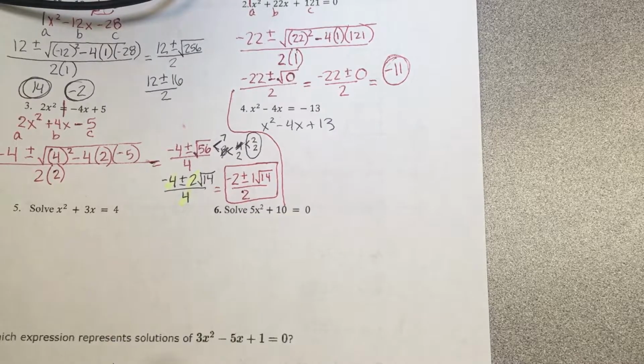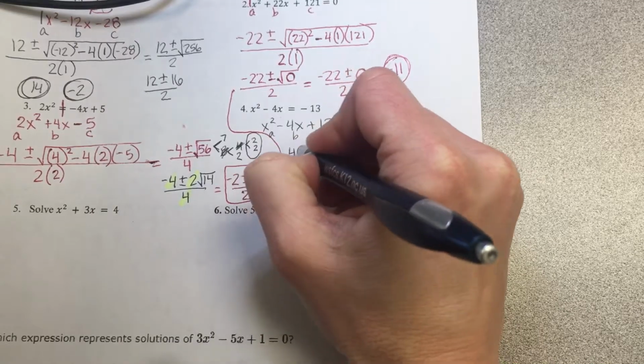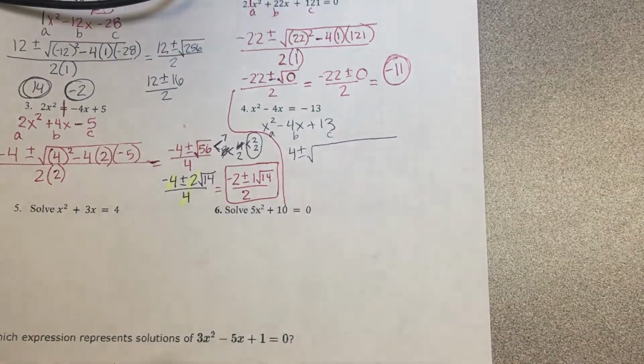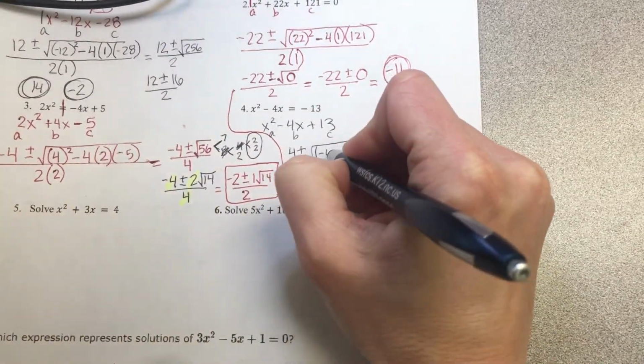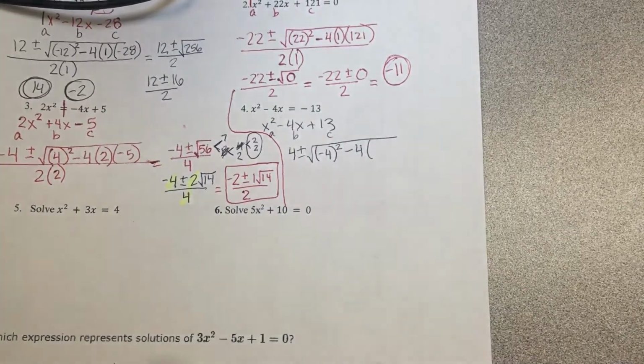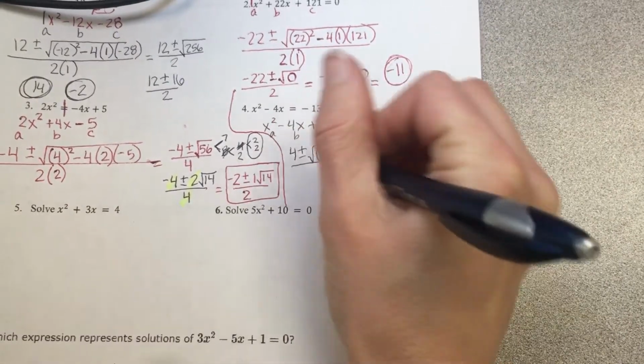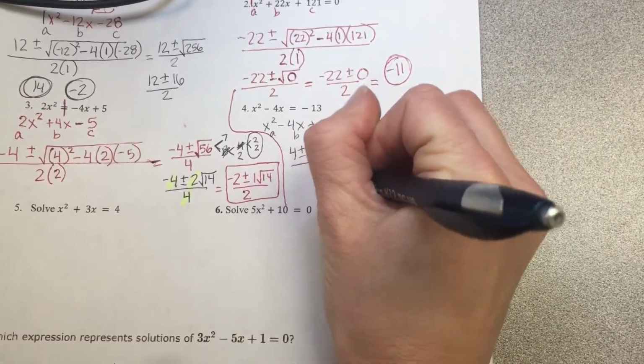Put it into the formula. So opposite of B would be positive 4, good. Plus or minus square root. Negative 4 squared minus 4 times what? 1 times 13 all over 2 times 1.